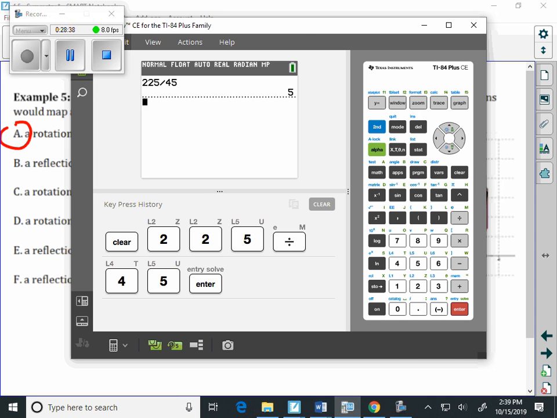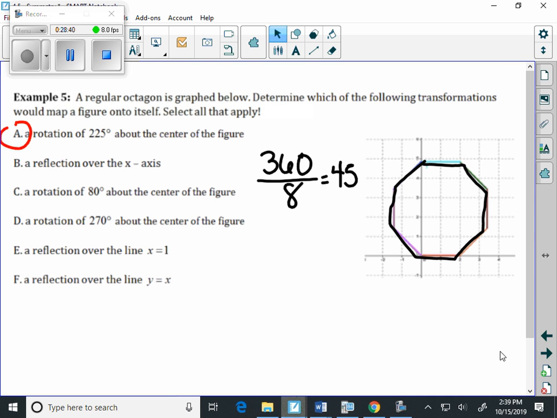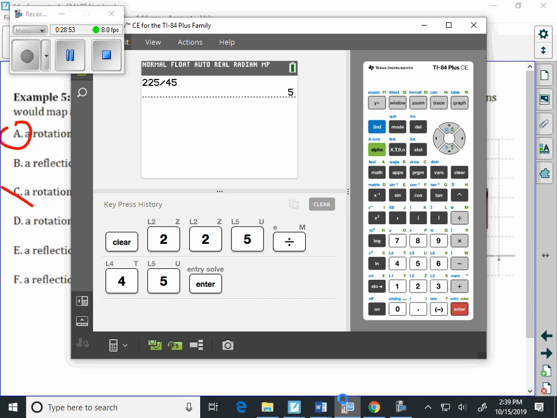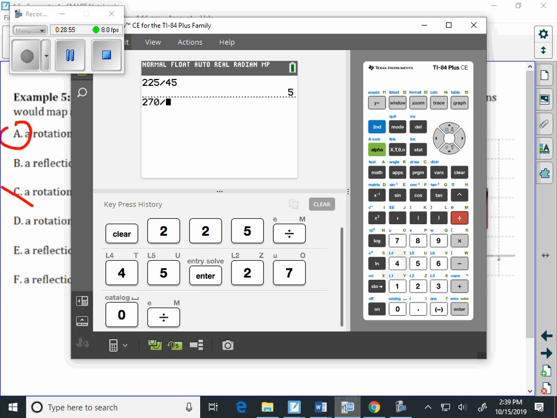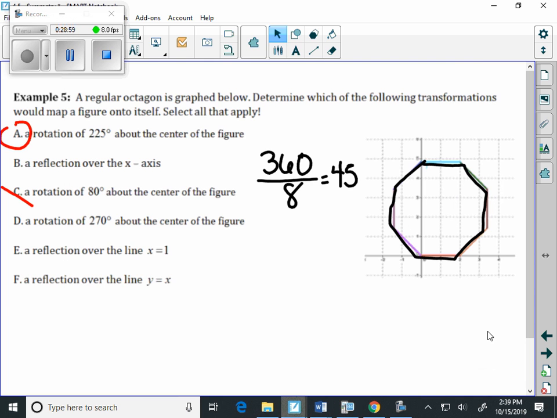And then, let's look at the 80. Well, 45 doesn't go into 80, so we can eliminate that option. I wonder about 270. 270 divided by 45. There, it goes in there evenly. So we can say 270 is an option as well.